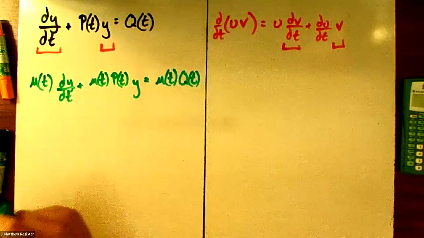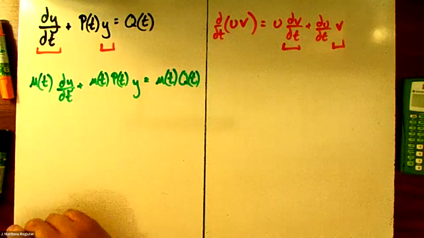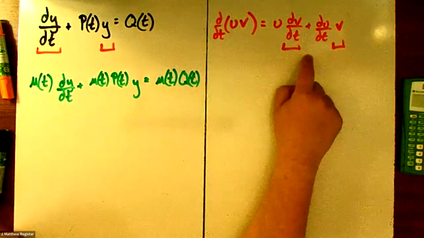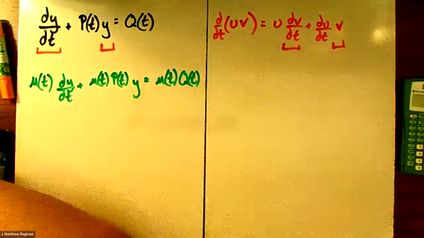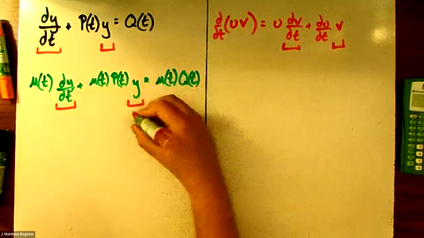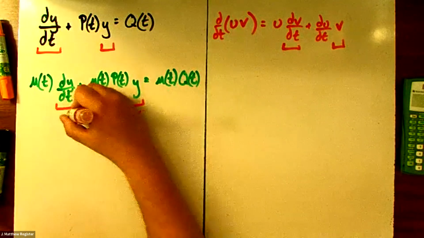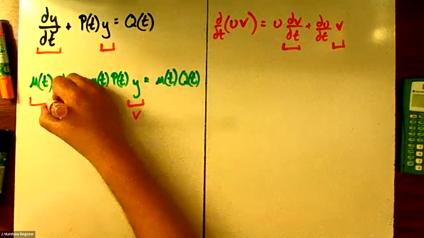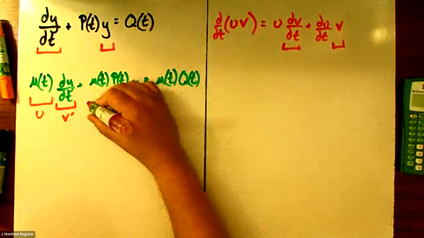Our goal is to make it so that this left side mimics this product rule. We want this to correspond to our v and our v prime, and this to correspond to our u and our u prime.